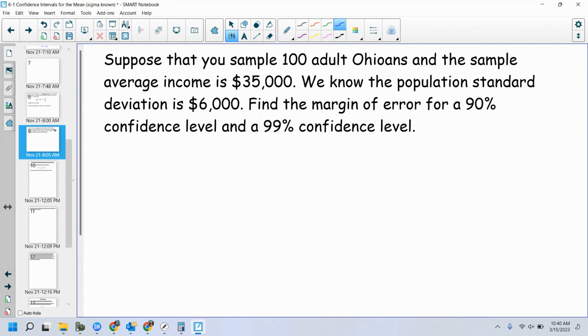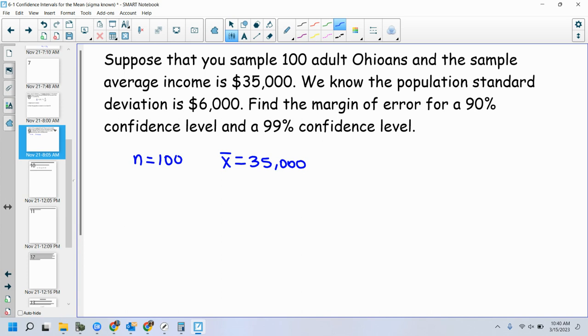Okay. So, looking here, what is n? 100, right? That n is 100. What is 35,000? Is that mu? That's x bar, right? X bar is 35,000.